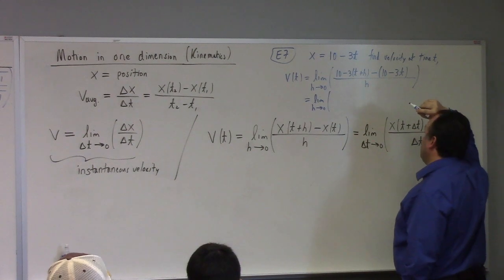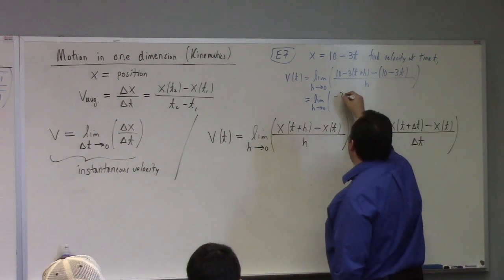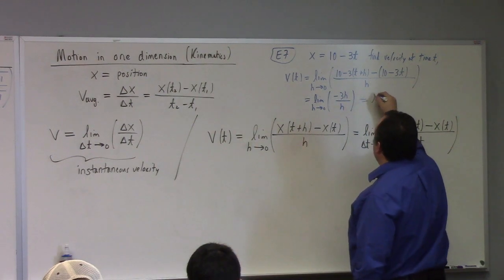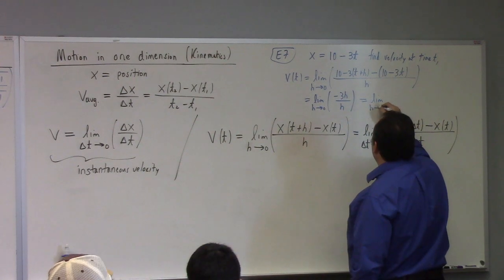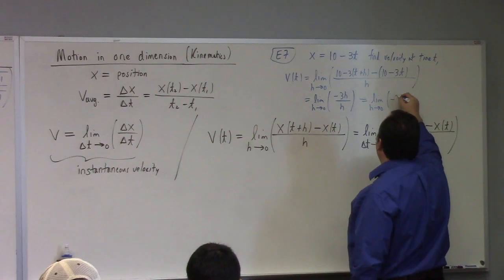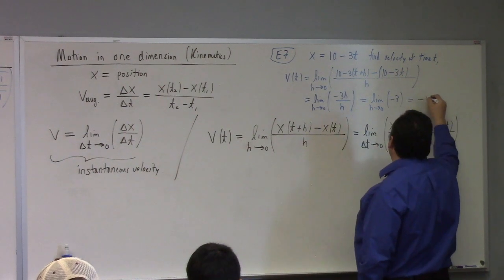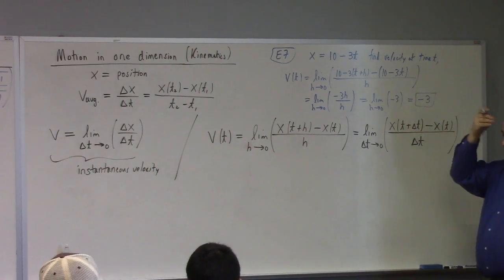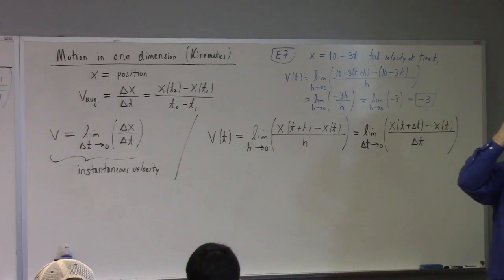All that's left is minus 3h over h, if you do the algebra. So the limit as h goes to 0 of minus 3 is minus 3. The velocity for that position function is just minus 3.